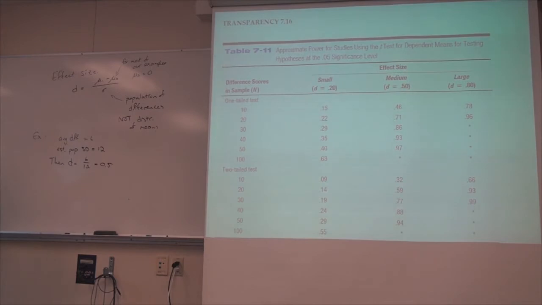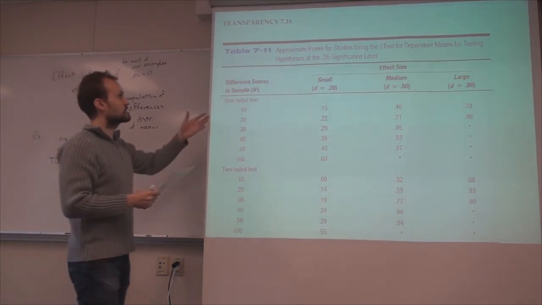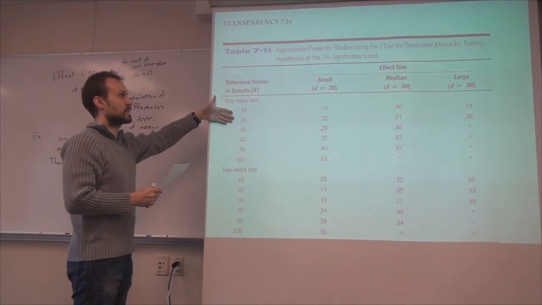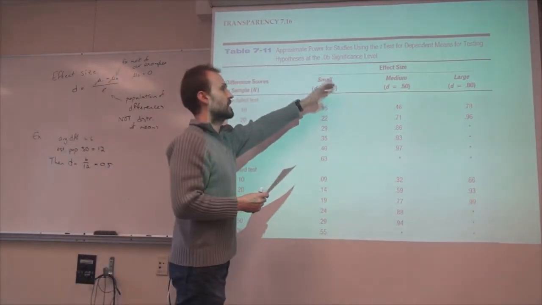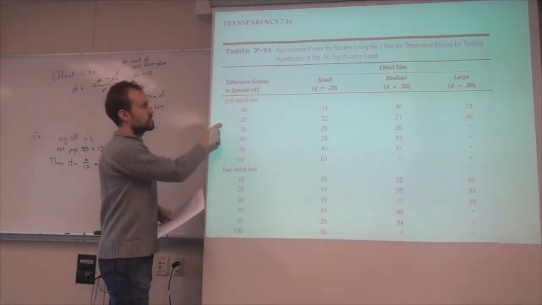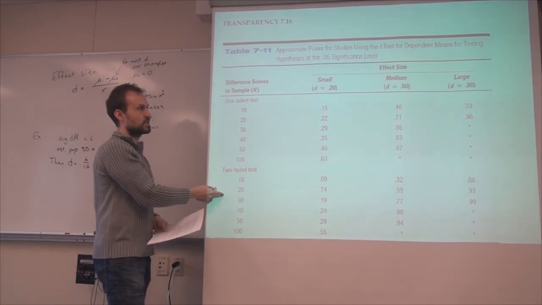So when I want to calculate the power, then I simply need to know what my sample size is. Remember, power was affected by sample size as well as effect size. So I would have the effect size and the sample size for the two different kinds of tests. Our examples had a two-tailed test.